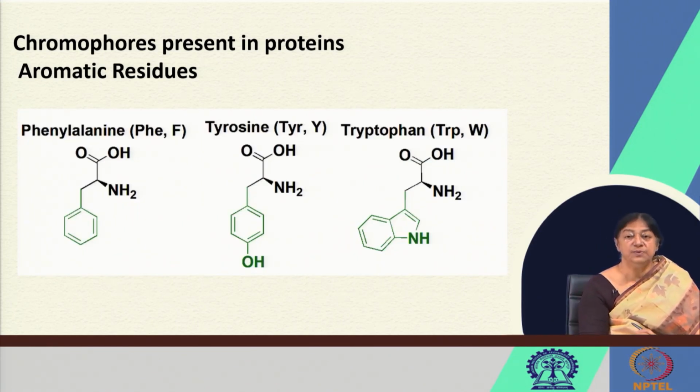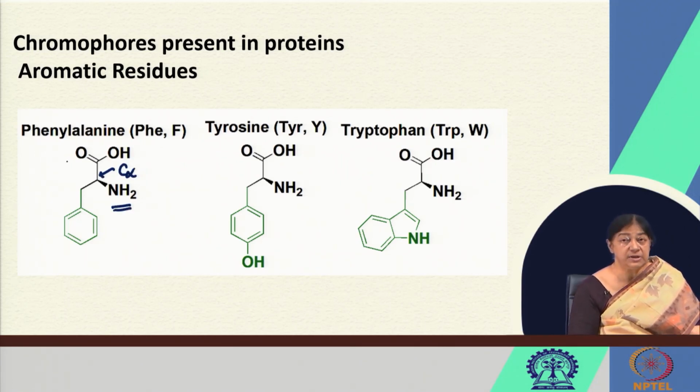Just like we had looked at all the representations of the amino acids, we know that this atom is called the C alpha carbon. We have the NH2 attached here and the COOH here. This is just a representation. If it is in the zwitterionic form, this is going to be NH3 plus and COO minus, but for a common representation we have put it as NH2 and COOH.